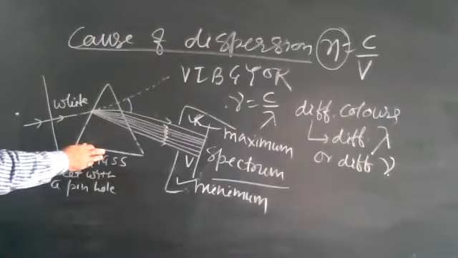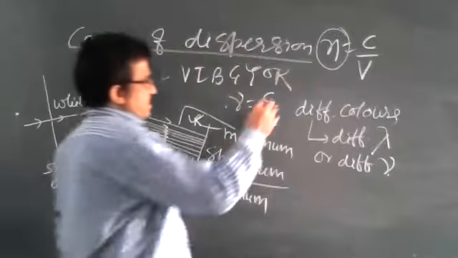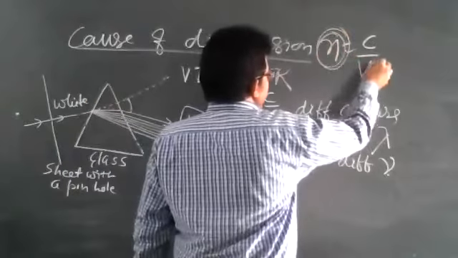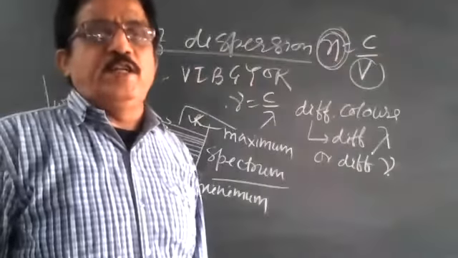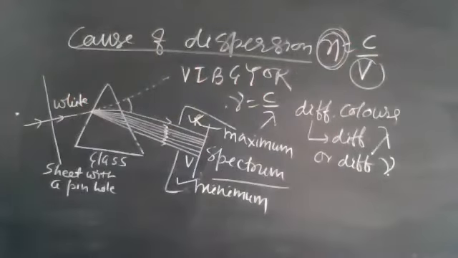Therefore, n is different for the different colors. Speed अलग-अलग है, तो refractive index भी अलग-अलग है. Speed is different for the different colors, so refractive index is also different for the different colors.